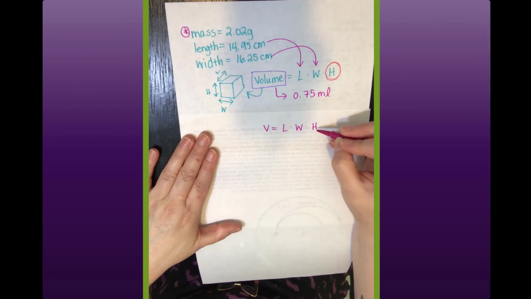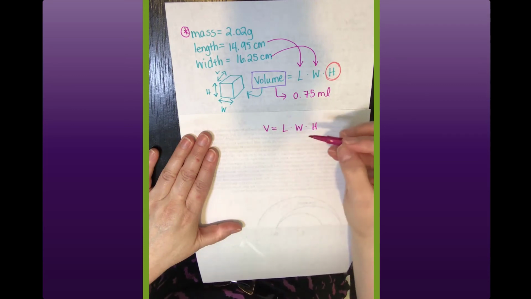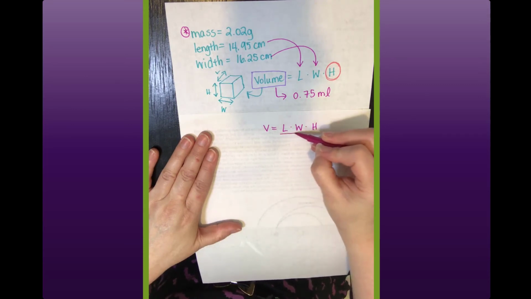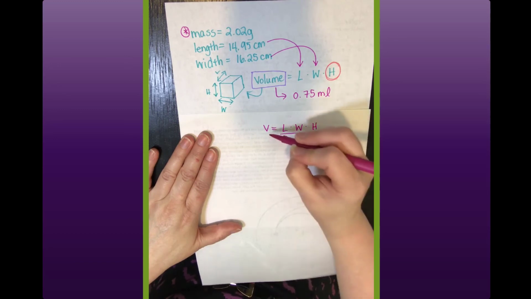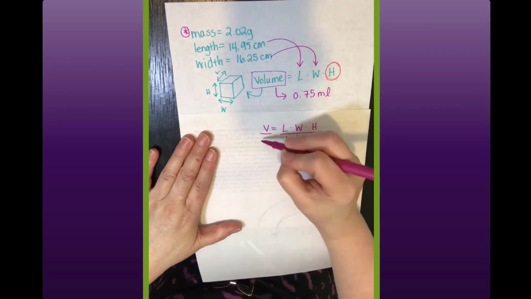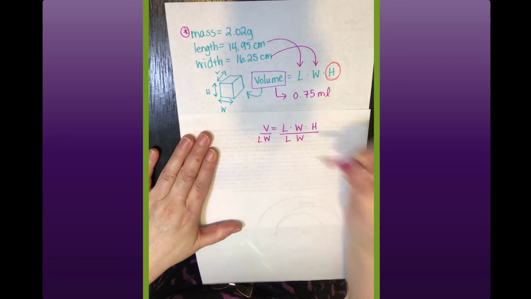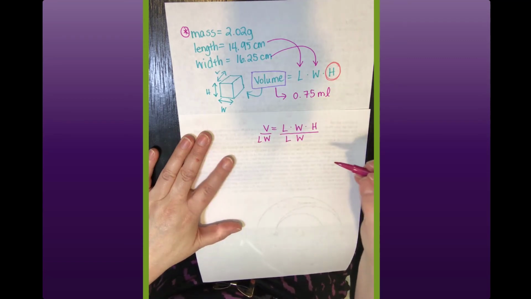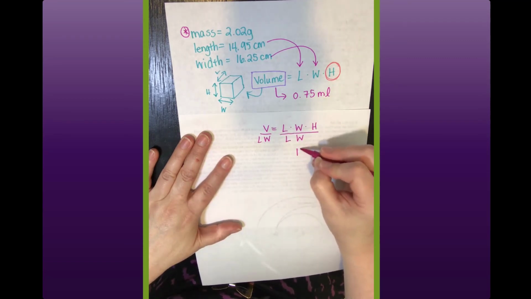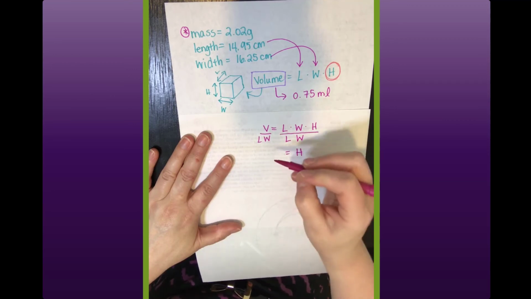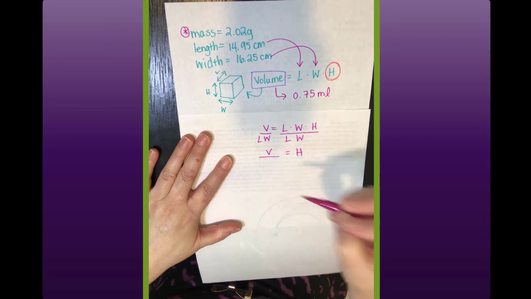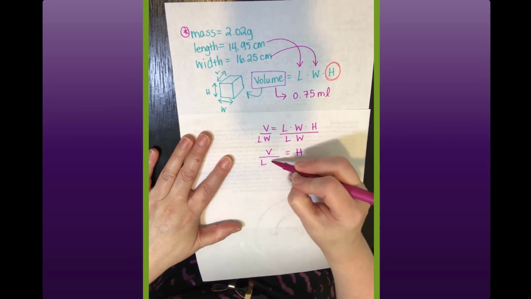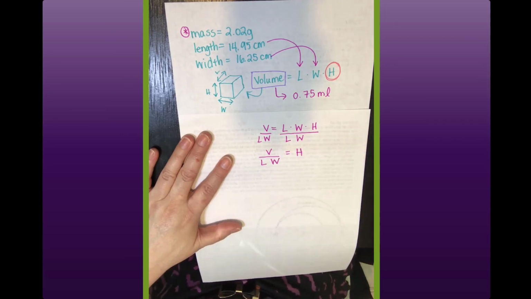If we want to solve for height using algebra and what we learned in physics, we can isolate this variable by dividing each side by length times width, and we get the height is equal to the volume divided by the length and the width.